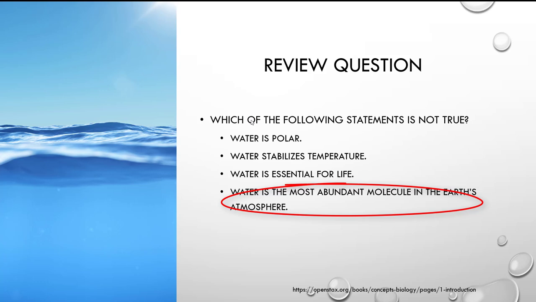It would be impossible to breathe if you were breathing water. Next time you're in a swimming pool and you accidentally breathe in water, imagine that's the atmosphere. That would be drowning. We would be drowning if that was true. So the last one is the one that is not true.